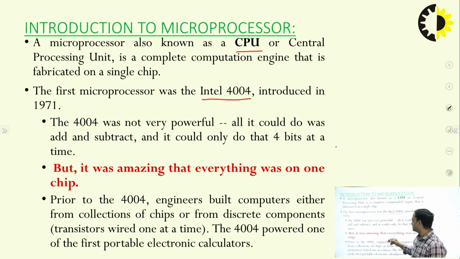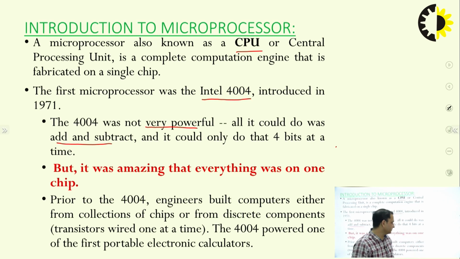In the initial days, it was not very powerful to execute a large number of instructions, but it was generally used for simple instructions like addition and subtraction. We call it the 4-bit microprocessor, the first microprocessor developed by Intel.